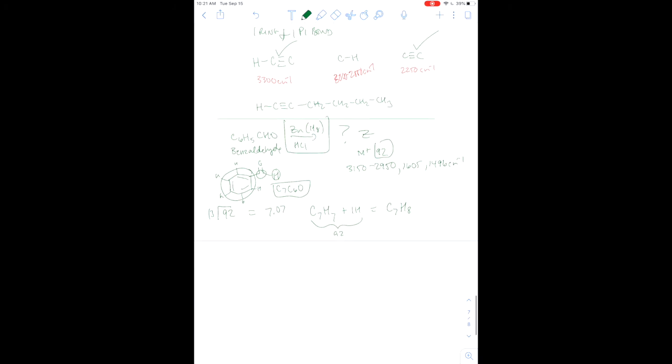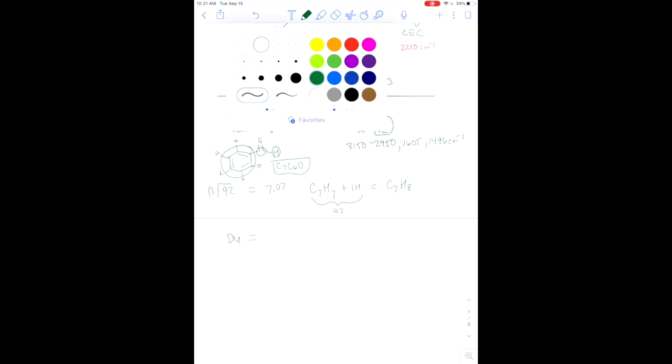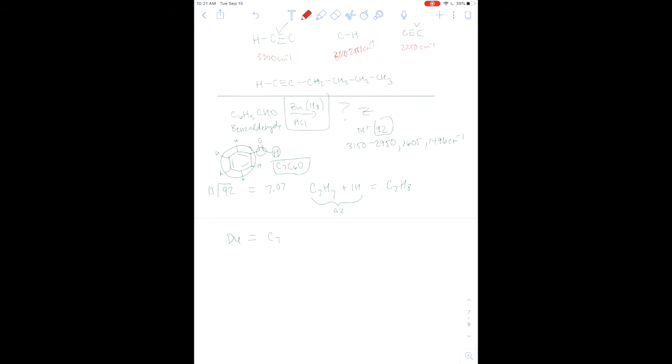So what's a possible structure for that? Well, let's take a look. What is the degrees of unsaturation? So what we want to look at is the saturated compound first. C7H16 is what that would be.